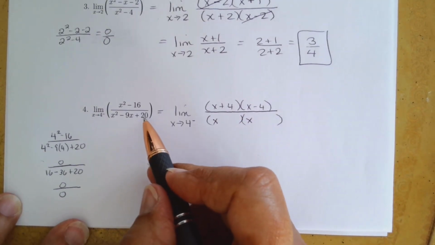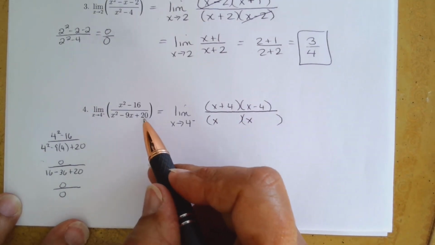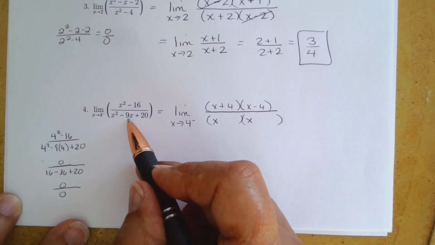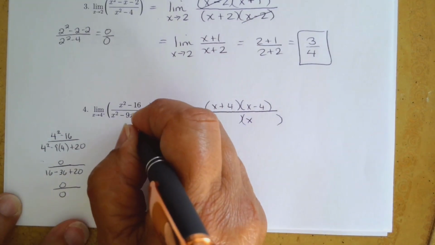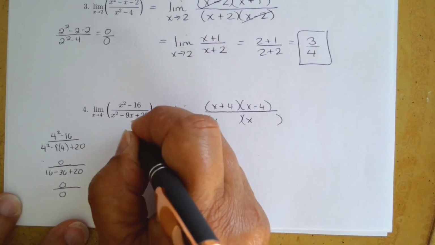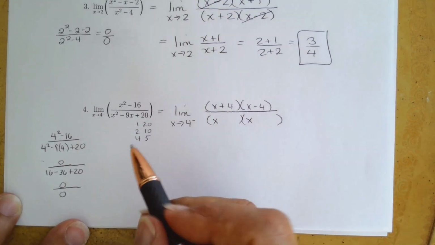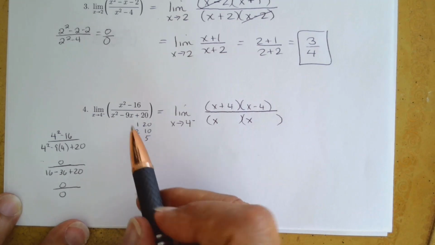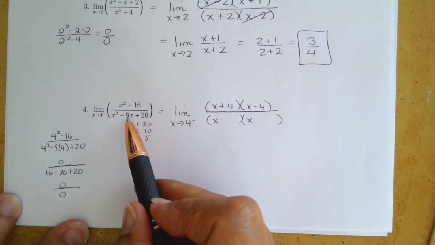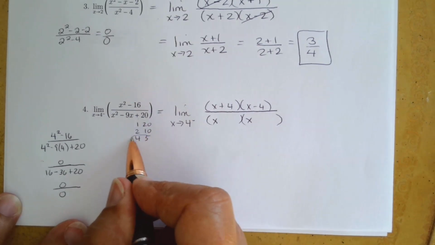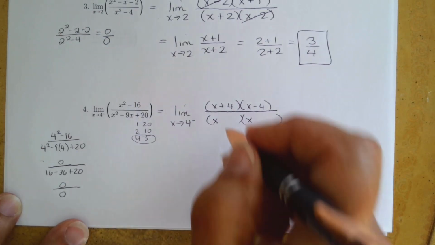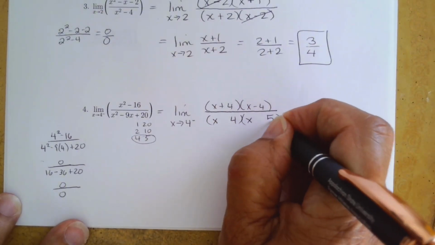And then for 20, I need factors of 20 that add up to be 9. So remember, there's only so many ways to get 20. 1 times 20, 2 times 10, 4 times 5. Right? That's it. One of those combinations will add up to be 9, which is right here. So that's how I know which ones to use, 4 and 5.